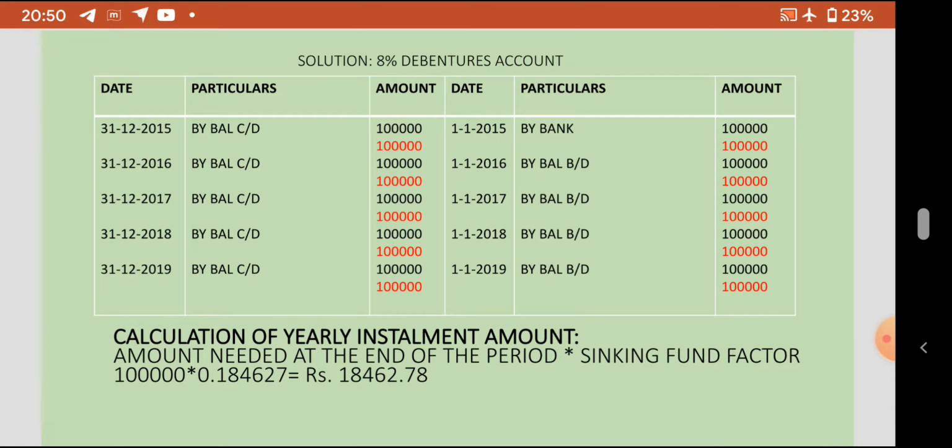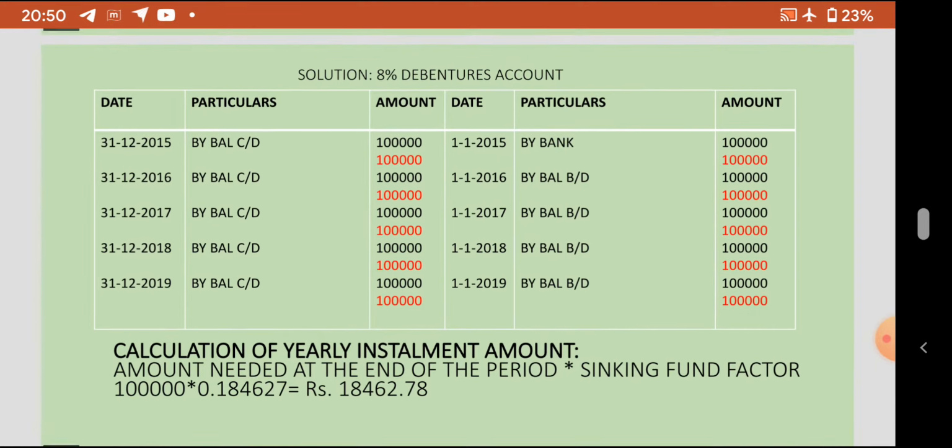So how do we calculate how much investment is needed? Basically, at the end of 5 years, every year we would have to keep out 20,000. But if we add 20,000 every year, we will get 1 lakh, plus, since we are actually making an investment, we will have more than 1 lakh.